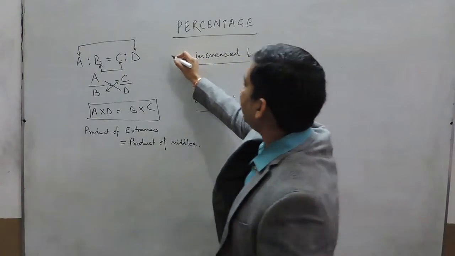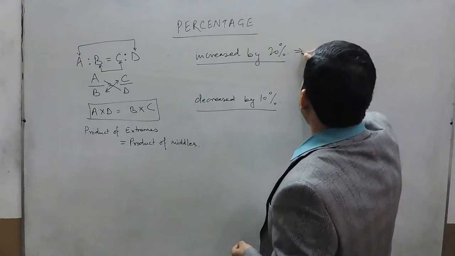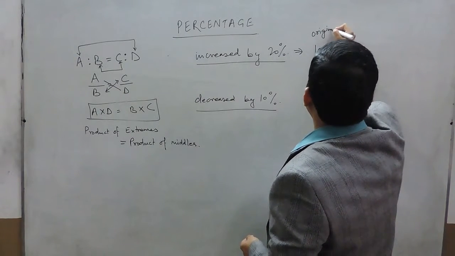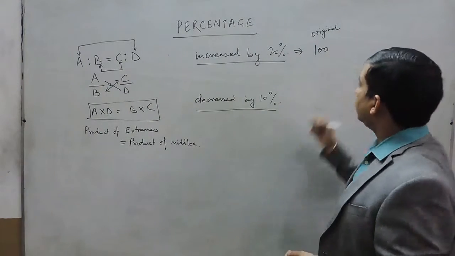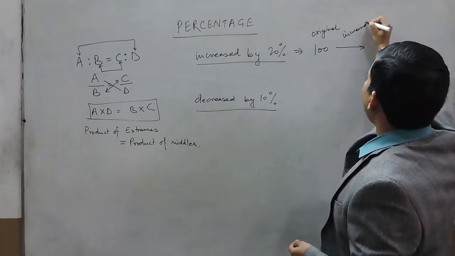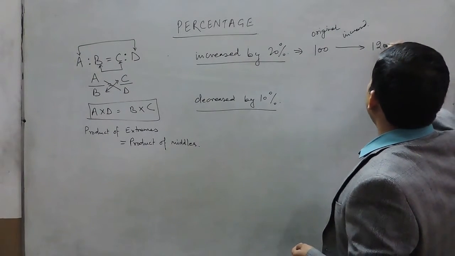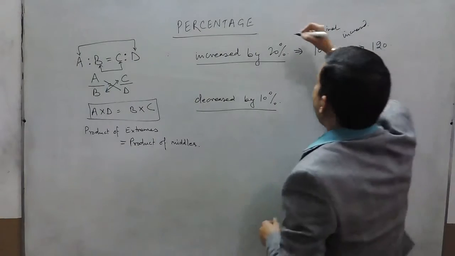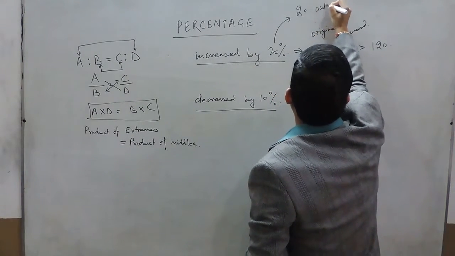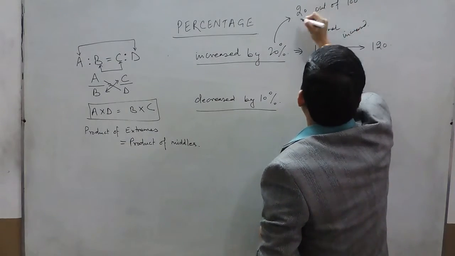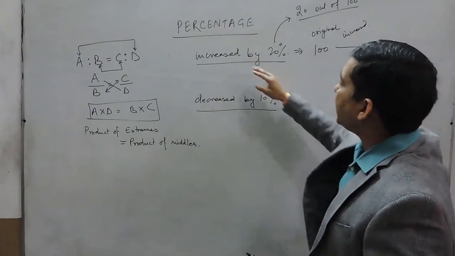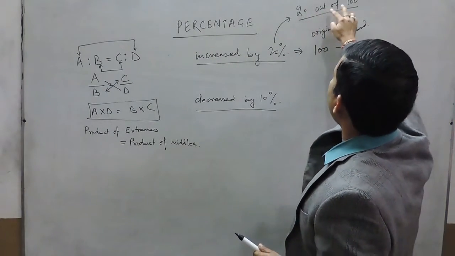When we say that something is increased by 20%, that actually means that originally the value was 100, and when it is increased, it becomes 120. Because 20%, as I already told in the previous video, is 20 out of 100. So when I am saying increased by 20%, this literally means increased by 20 out of 100.